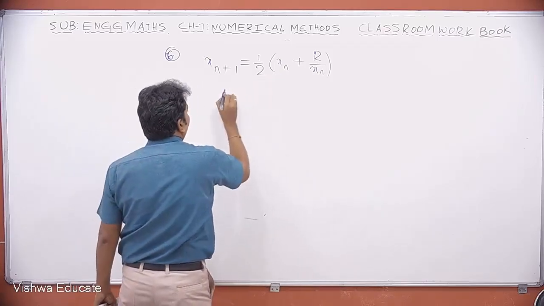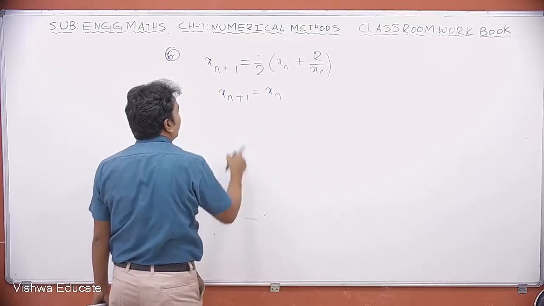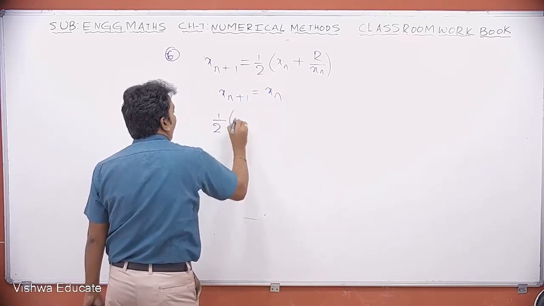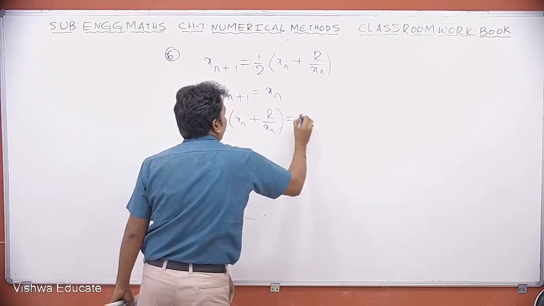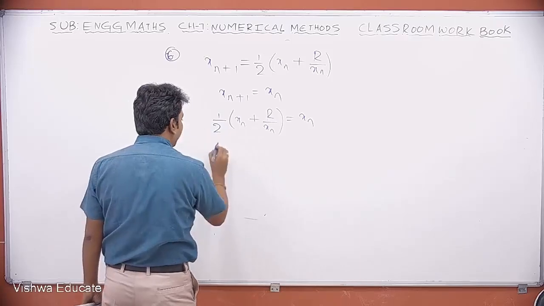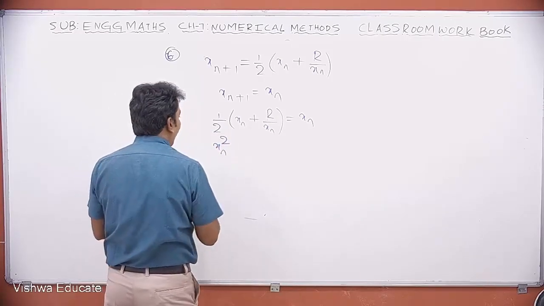Apply condition for convergence xn plus 1 equal to xn. So this xn plus 1 is to be replaced by this expression half into xn plus r divided by xn equal to xn.